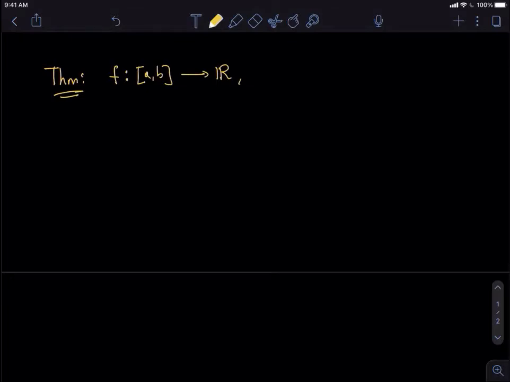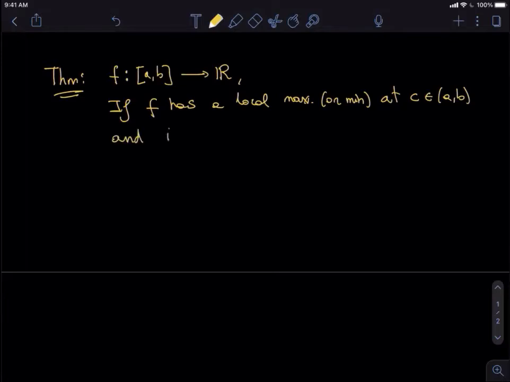Then if f has a local maximum or minimum at the point c inside the open interval, and if f prime of c exists, then f prime of c must be 0.